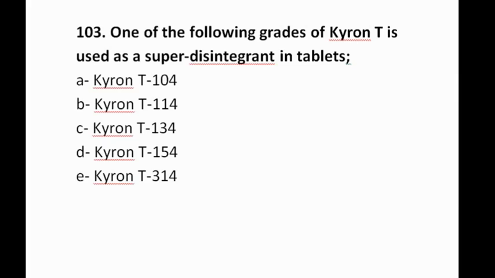So we are given these 5 options: chiron T 104, chiron T grade 114, chiron T grade 134, chiron T grade 154 and chiron T grade 314. So actually in these options chiron T grade 314 is actually used as a super disintegrant in tablets.